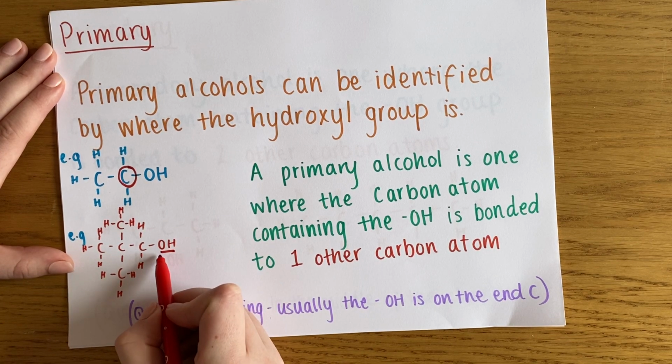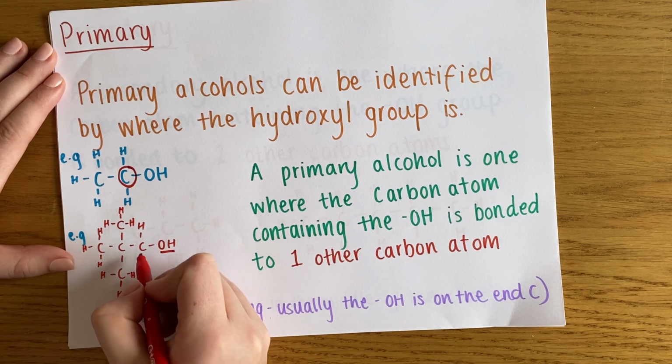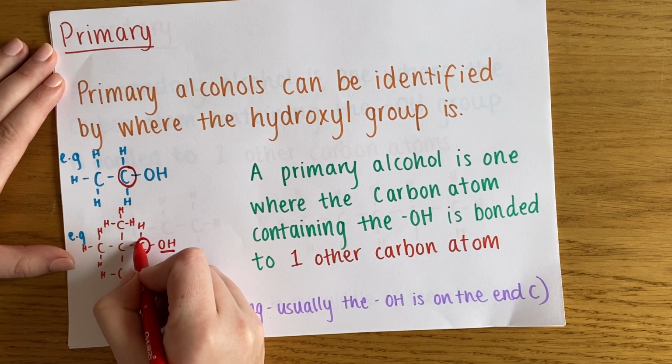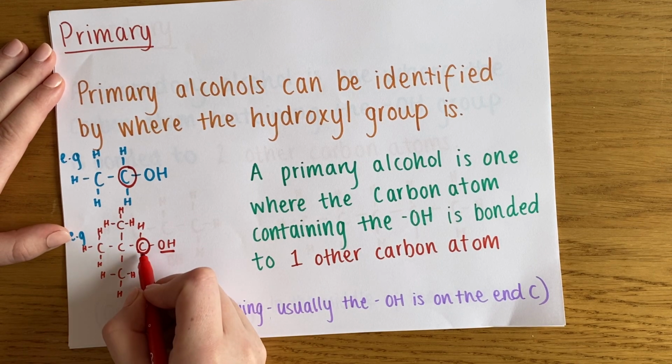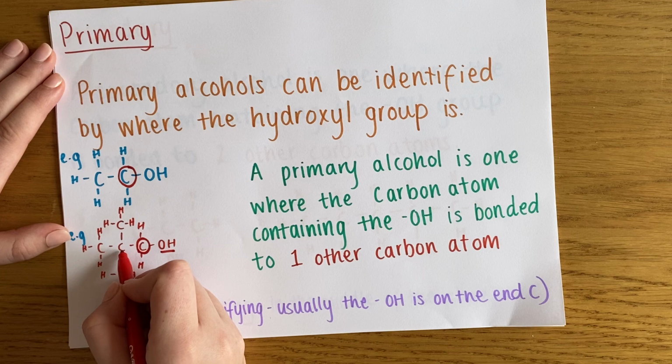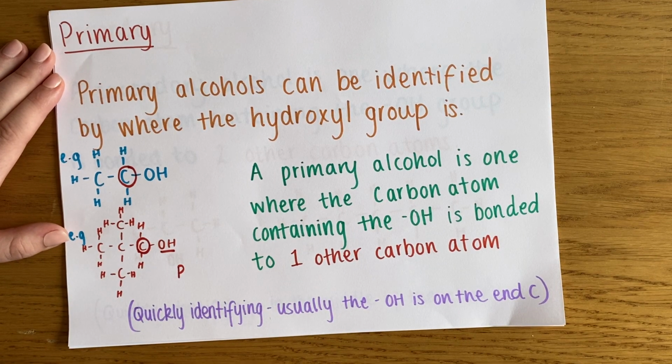The carbon attached to it is attached to one other carbon. So we're looking at this carbon here because that's the carbon the hydroxyl was attached to. This carbon is attached to one other carbon. This makes this a primary alcohol.